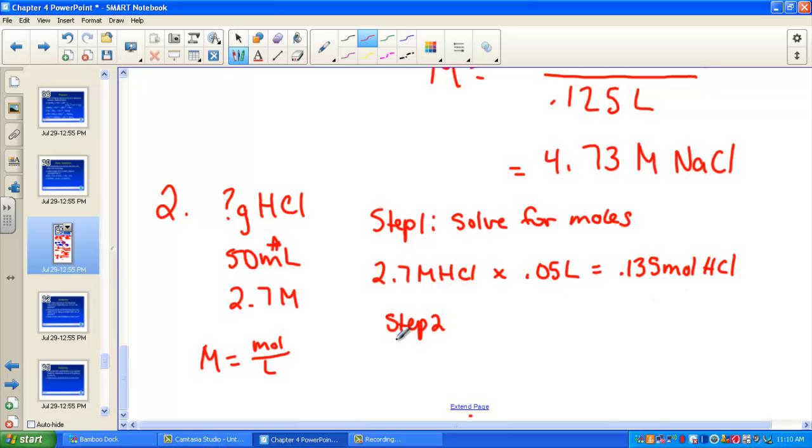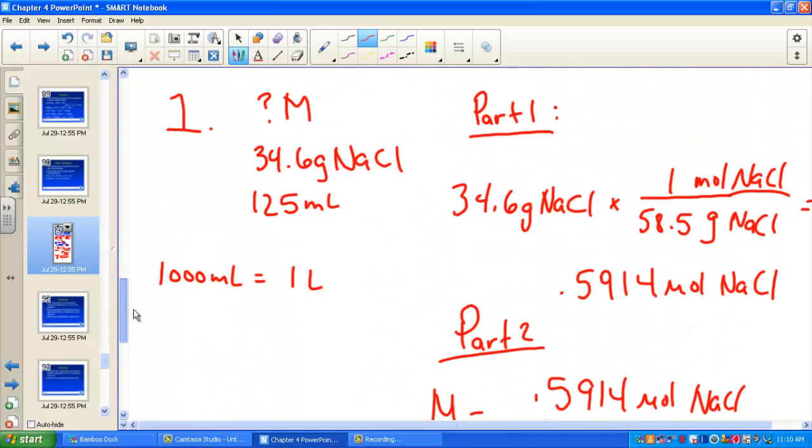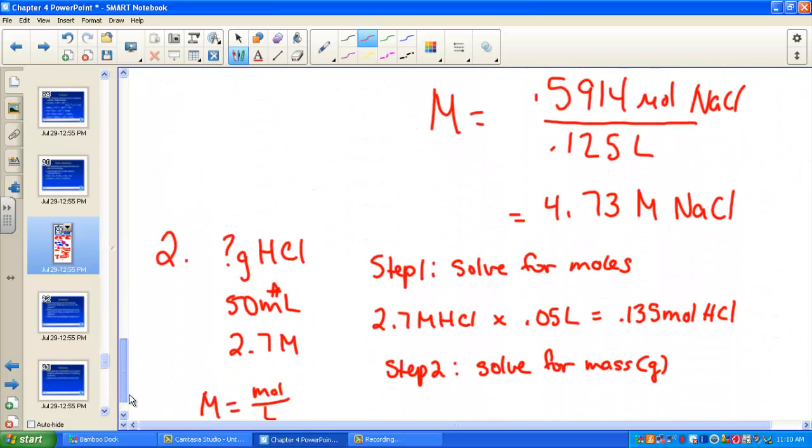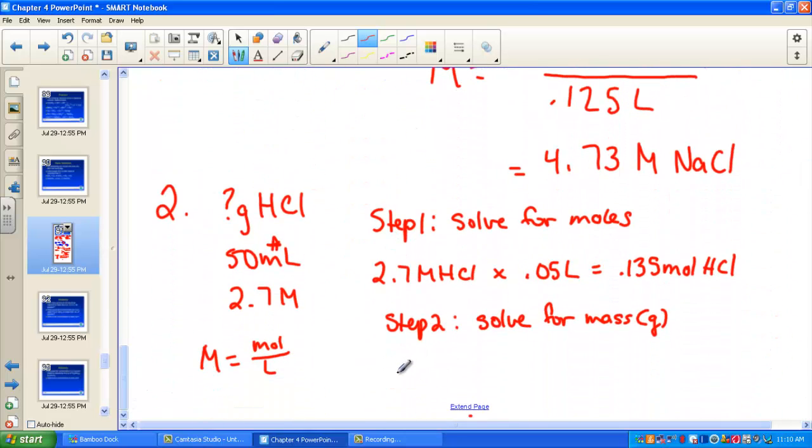Step 2 of our two-part problem, let's solve for the grams. Solve for the mass measured in grams. And remember our round little buddy here, moles times molar mass pulls out the grams. We found the number of moles, 0.135 mole of HCl.